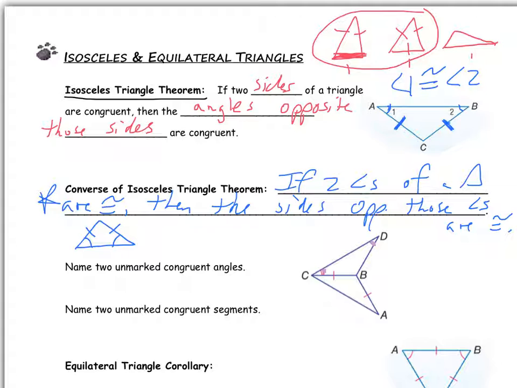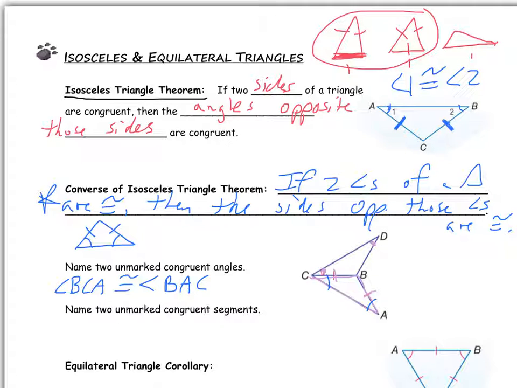One of the triangles has two congruent sides, which means these angles are congruent based on the isosceles triangle theorem. So those would be angles BCA and BAC. Those are two unmarked congruent angles, which we can figure out because it's an isosceles triangle.